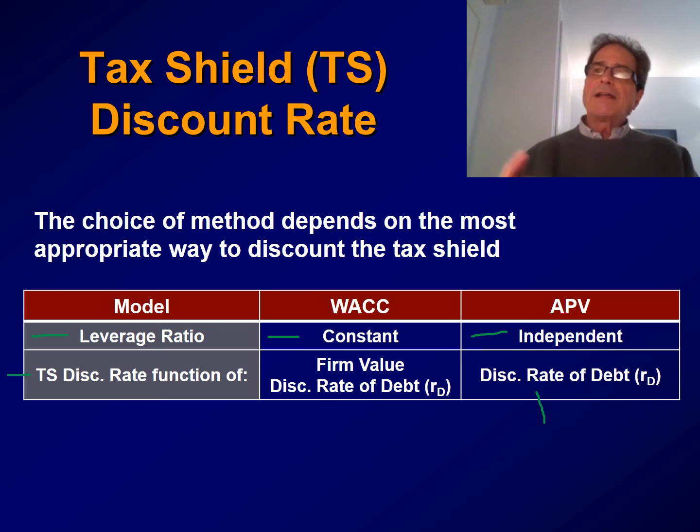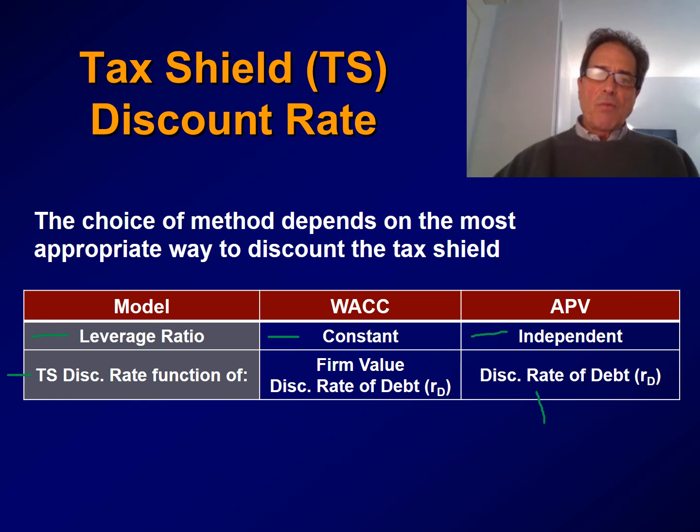So the higher the cost of the debt, the higher the tax savings. So the only variable determining the risk, the volatility of the tax shield, is the cost of debt. So it makes sense to think that the discount rate of the tax shield in the case of APV is just the cost of debt.